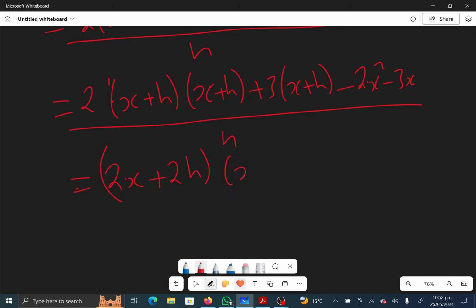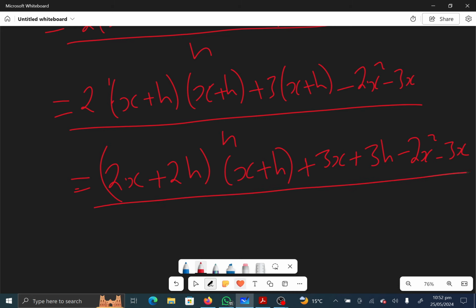Then we have the bracket x plus h. Then 3 multiplied by x, it will be plus 3x. Then 3 multiplied by h, it will be 3h. Then minus 2x squared minus 3x over h.